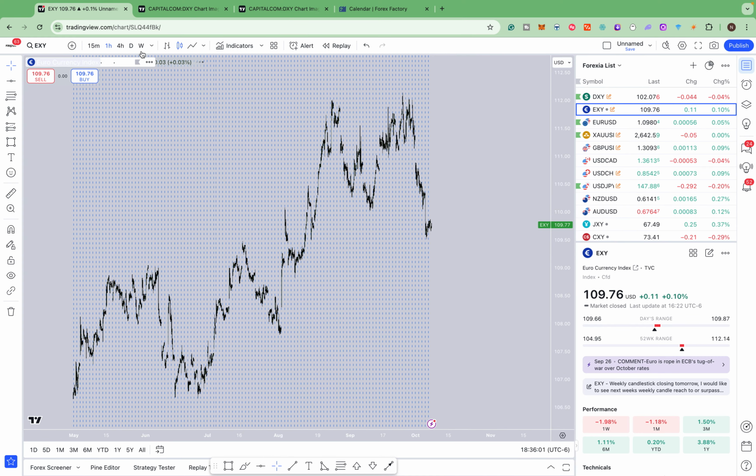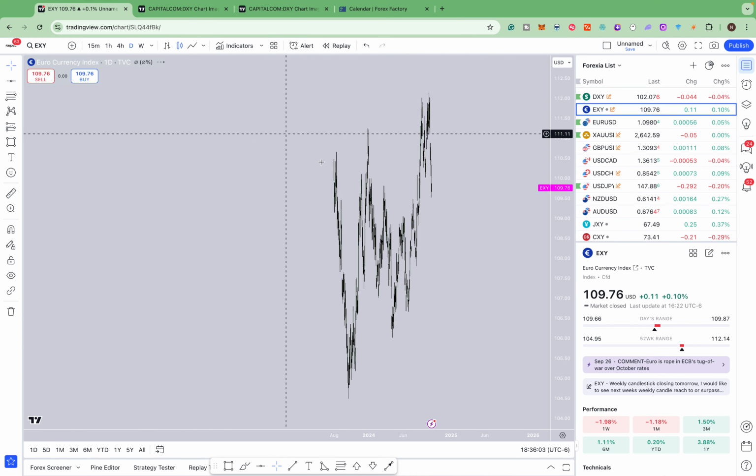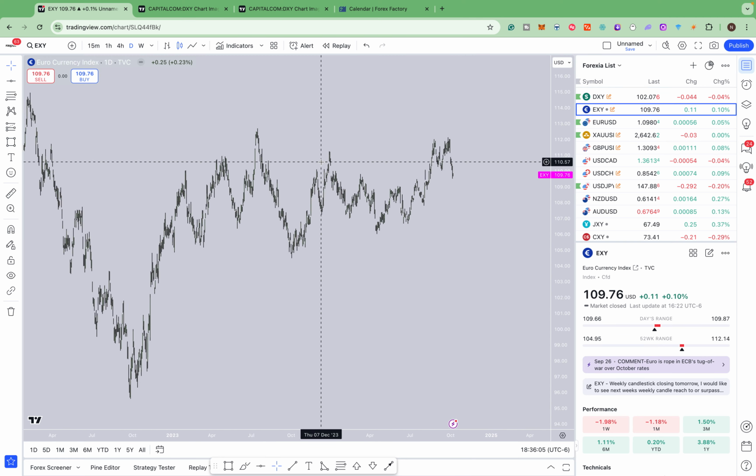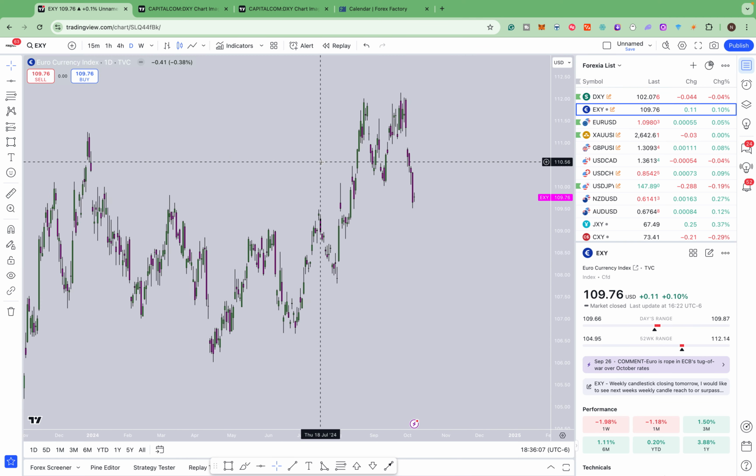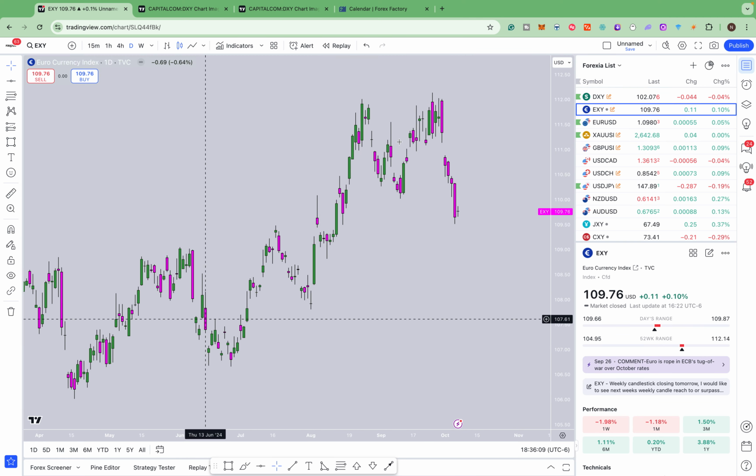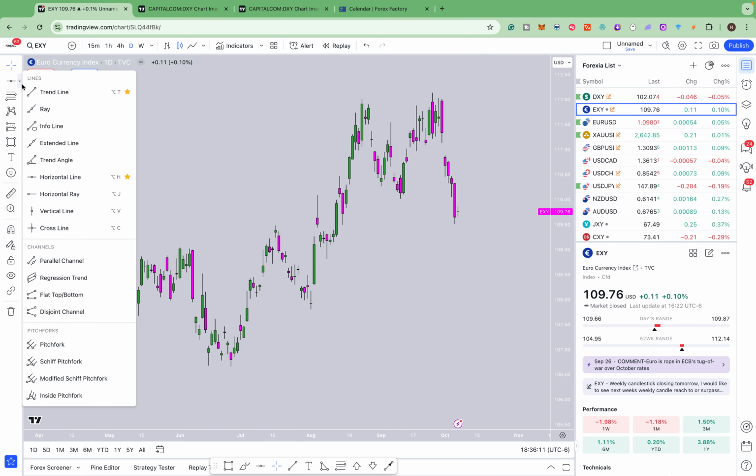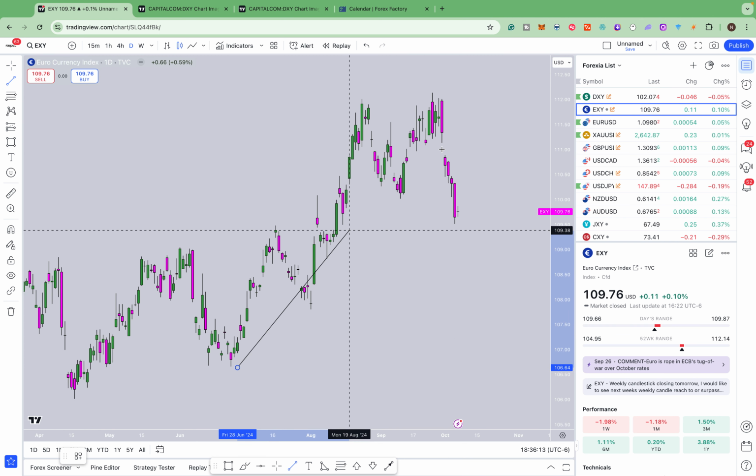We're going to do the exact same thing. We're going to look at the daily time frame just to see the overall trend. And this looks very similar to the euro US dollar.